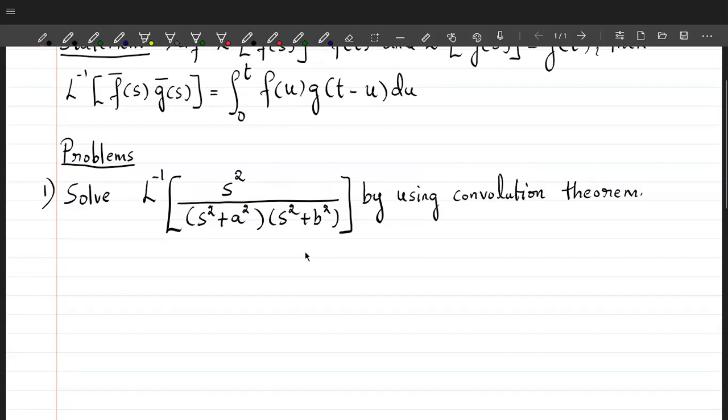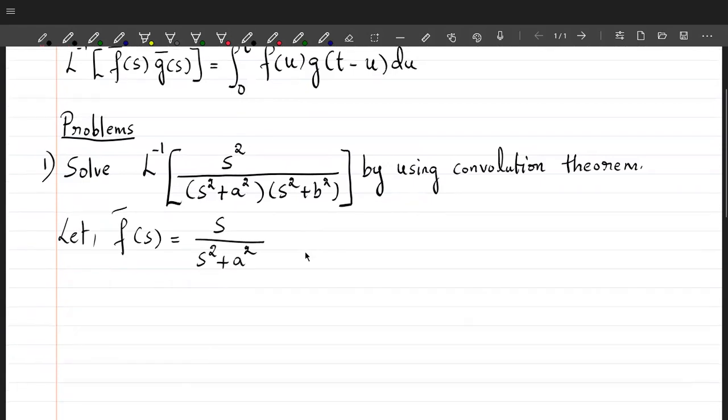So let f bar of s be equal to s by s square plus a square. Then if f bar of s is equal to s by s square plus a square, that implies f of t is equal to what? If you know the value of f bar of s and you want to calculate f of t, then we use inverse Laplace transform.